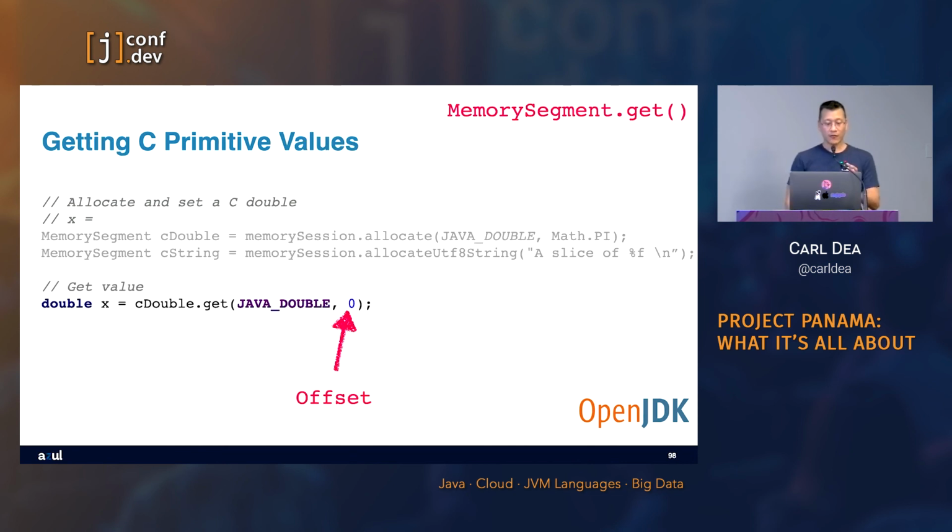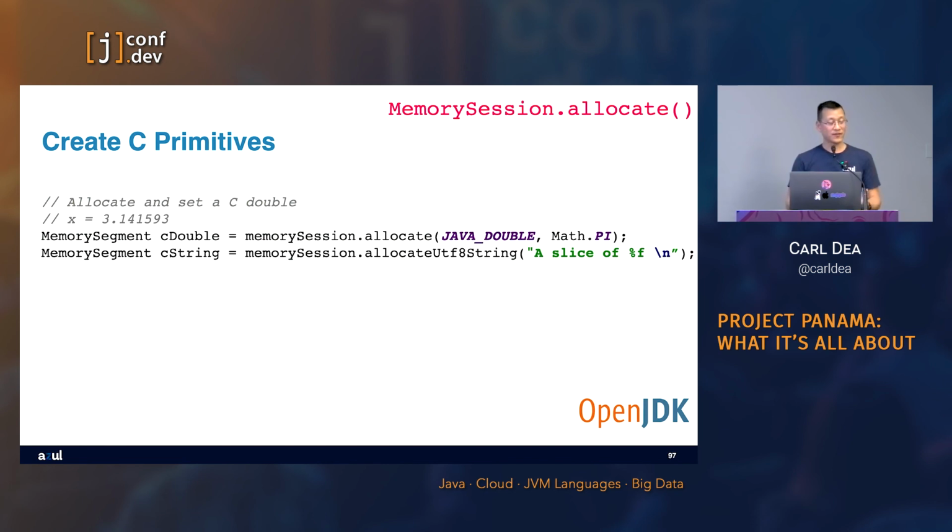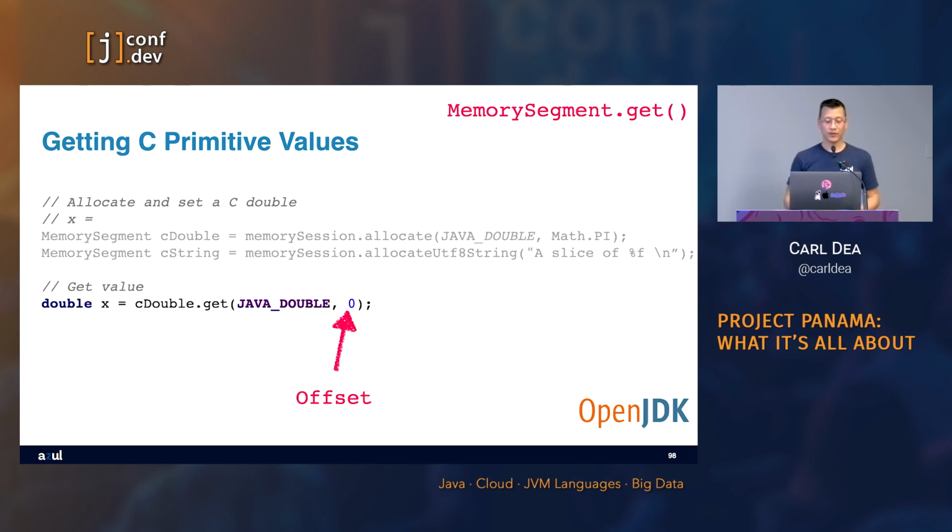So from the memory session, there's an allocate method, and you take the value type, and you don't have to have that second argument, but it's a convenience. It'll put that math.pi into that memory segment. So it'll create memory off heap and store that value.